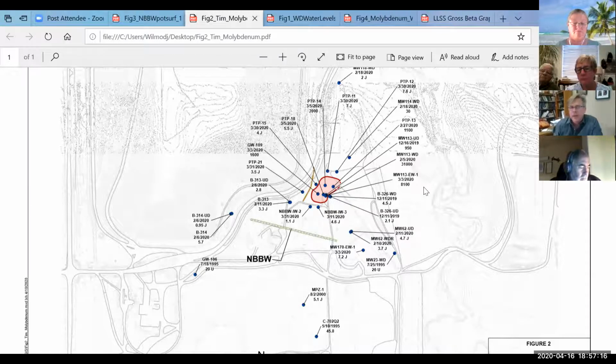And right off the bat, it wouldn't be expected in this area. Yeah, I think Steve went over this last time, and we do see low-level moly concentrations in other extraction areas, just not to the levels of this area.